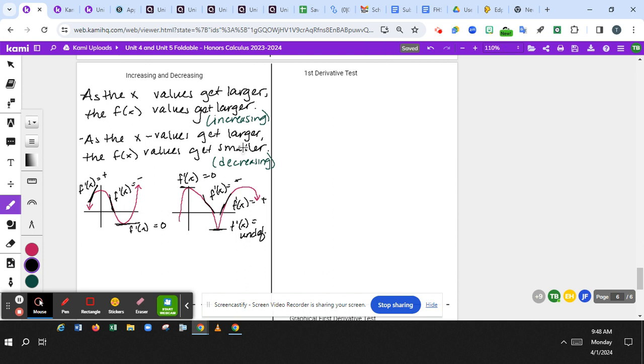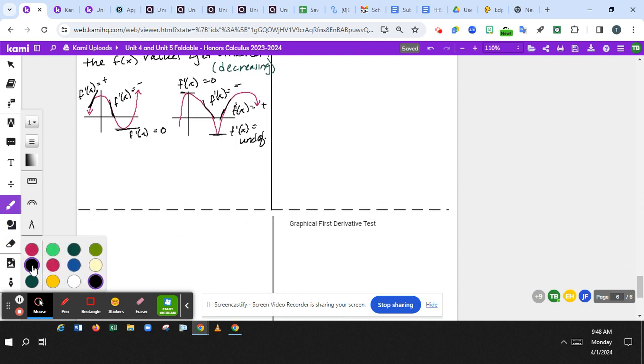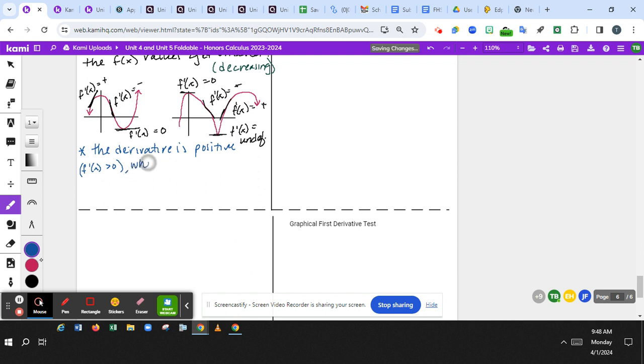Essentially, all the things I just said are what make up that particular statement. So there are 3 parts to this. So when the derivative is positive, which means that f prime of x is greater than 0, the function is increasing.